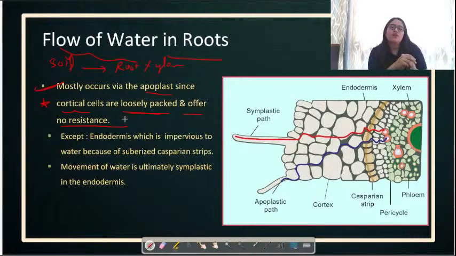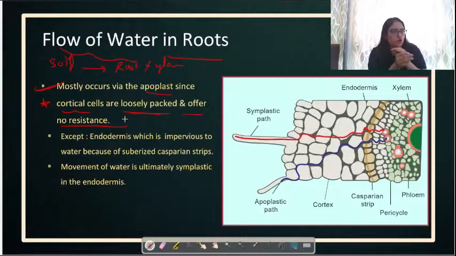They have no other option, because the presence of the suberized Casparian strips does not allow water molecules to cross the layer of endodermal cells through the apoplastic pathway, because the intercellular spaces and the cell walls are blocked from the radial and the tangential wall side of the endodermal cells, and hence the water can't move with the help of the apoplast pathway.